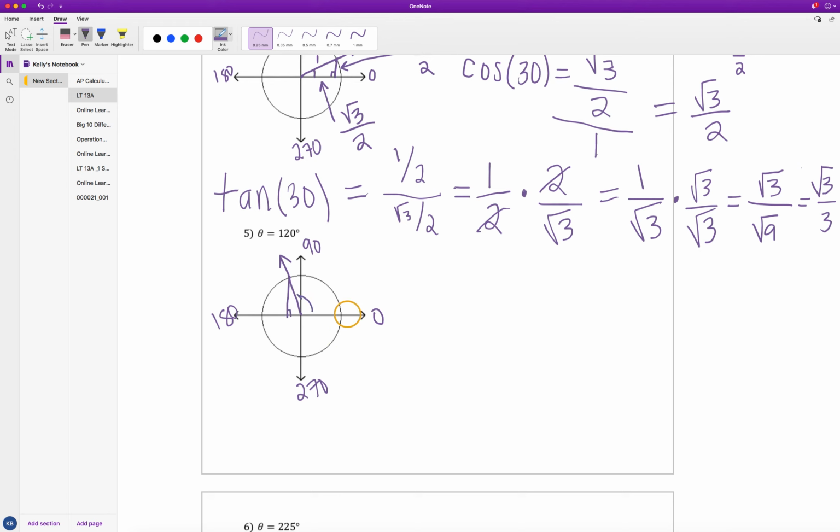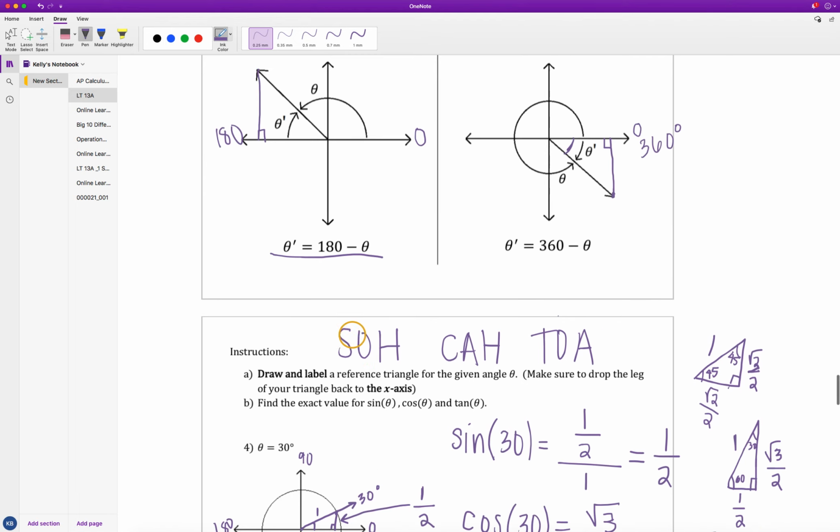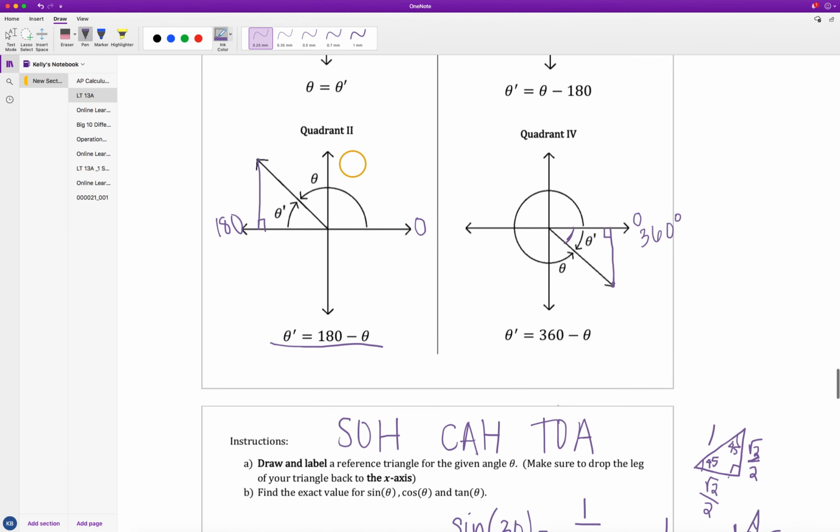Now 120 degrees is this value that's outside my triangle right now. This is why we need that reference angle concept. So the first thing I want to figure out is, what's this angle that's actually inside my triangle? So let's scroll back up to our reference angles and look at this general case.